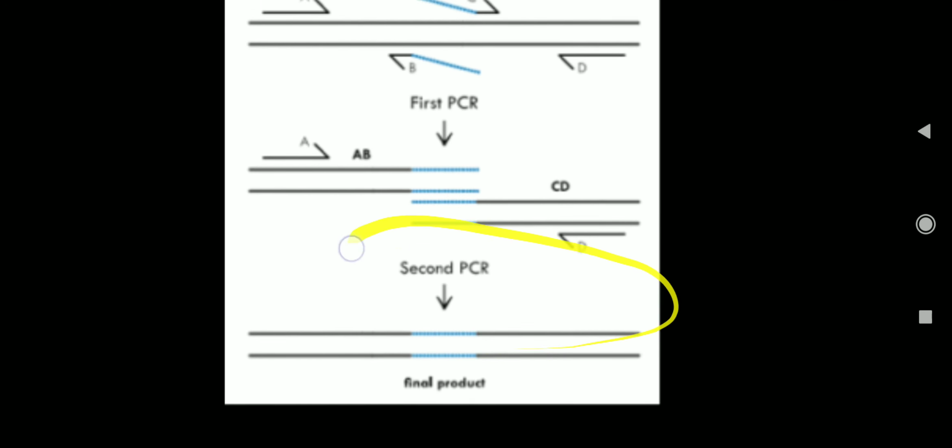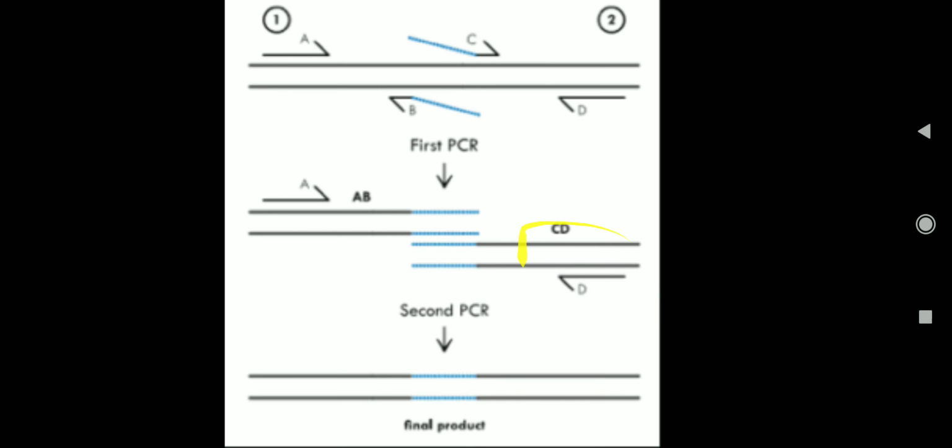So in the first reaction, we use A and B primer. In the second reaction setup, we use C and D primer. So after first PCR, we get the DNA like this, where mutation has occurred. But here we have two sets of DNA because we have carried out two reaction setups. B and C had the mutation, so both the DNAs are having the mutation.